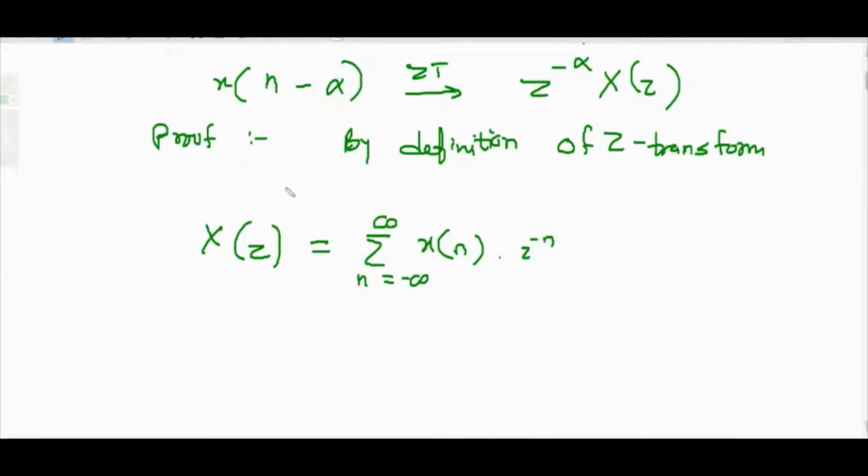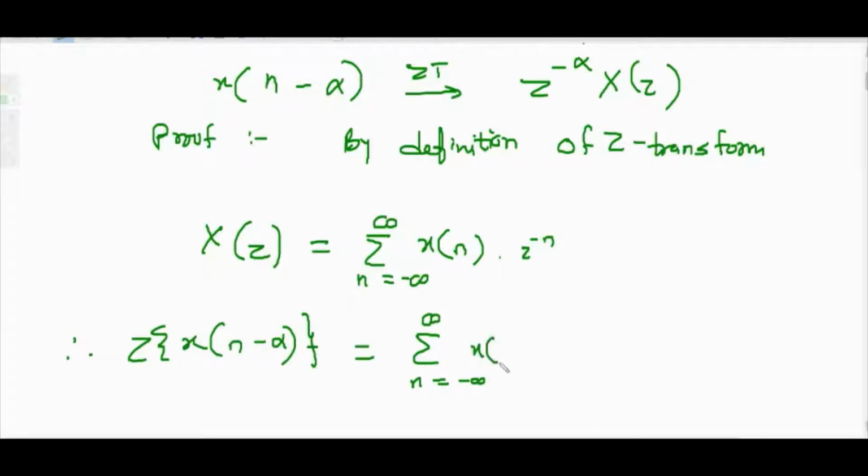Therefore, the Z transform of x of n minus alpha is equal to summation n equals minus infinity to infinity x of n minus alpha z raised to minus n.